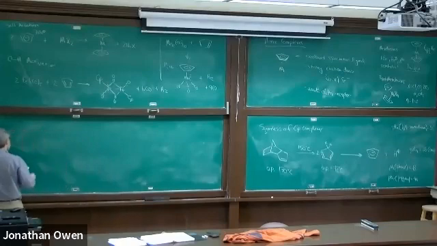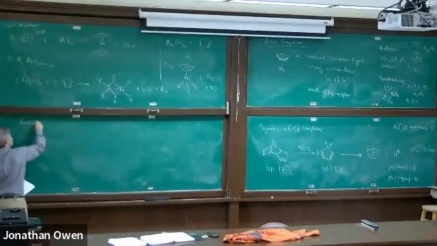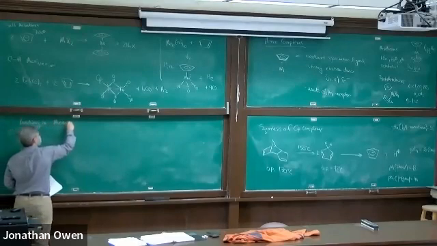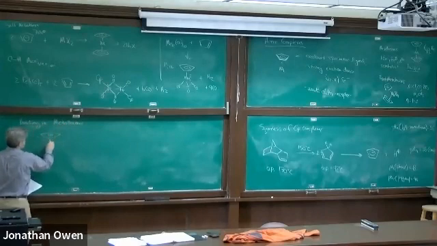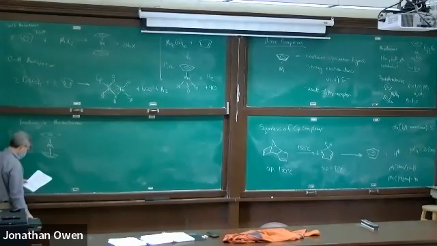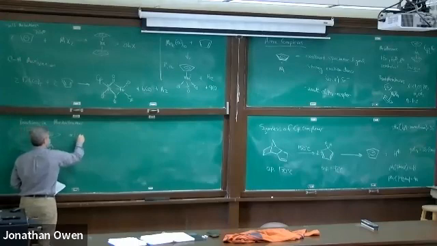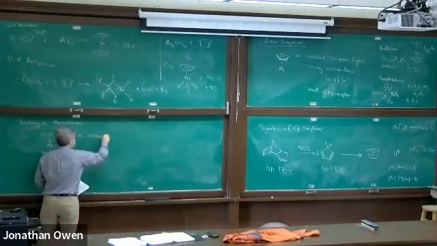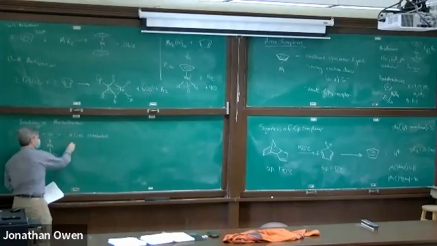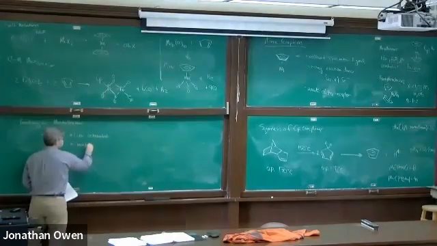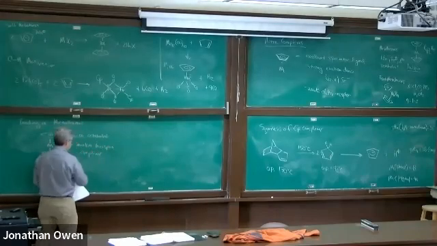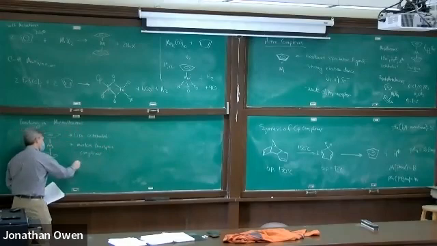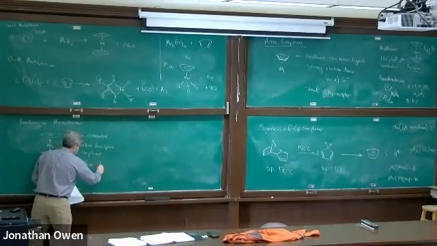Okay. Let's take a look at the bonding in a metallocene. So we've said it's like octahedral, right? And it's typically low spin, D6.